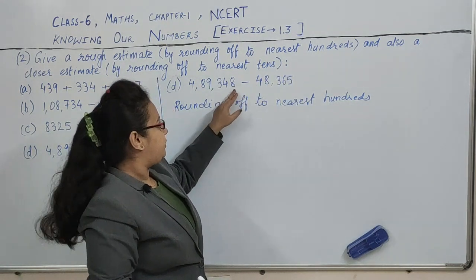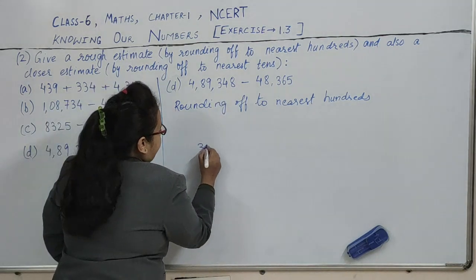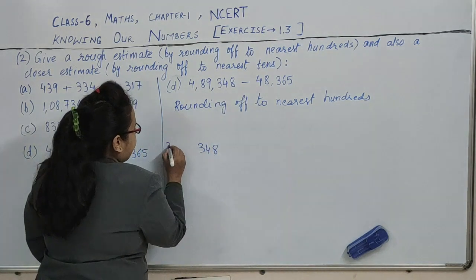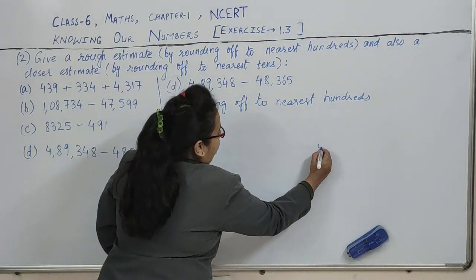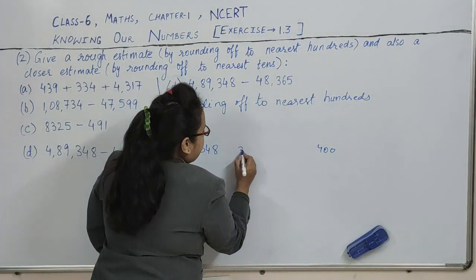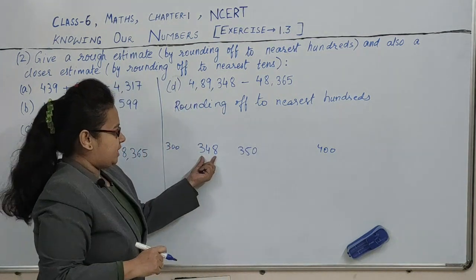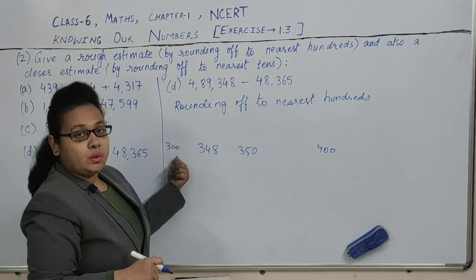So up to the hundreds place we will take the digits and the number becomes 348. This 348 lies between 300 and 400. The middle number between 300 and 400 is 350. 348 is smaller than the middle number and it is closer to 300.